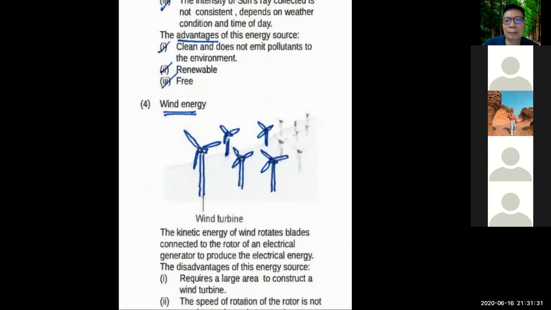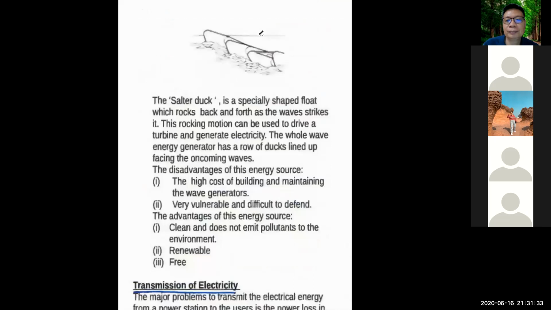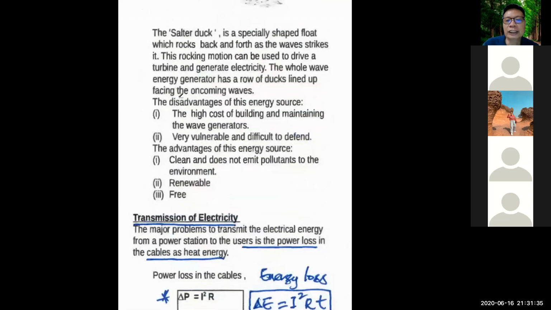And I look at a little bit here. Disadvantages and advantages, can you read yourself? High cost of building. If you want to build a power station on the sea, it is very costly. And then it's very vulnerable and difficult to defend, because the waves can be very strong.